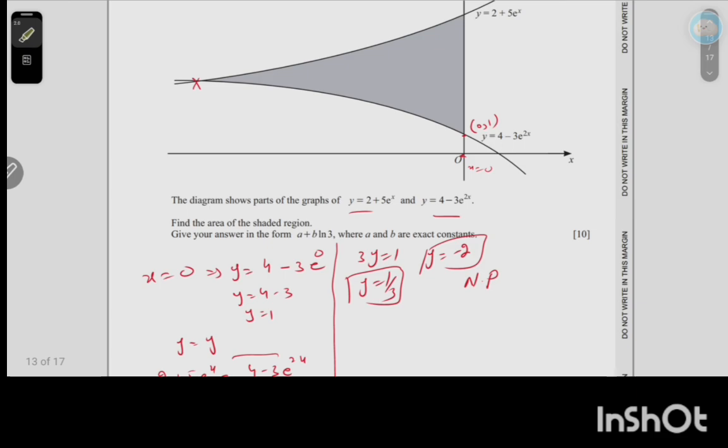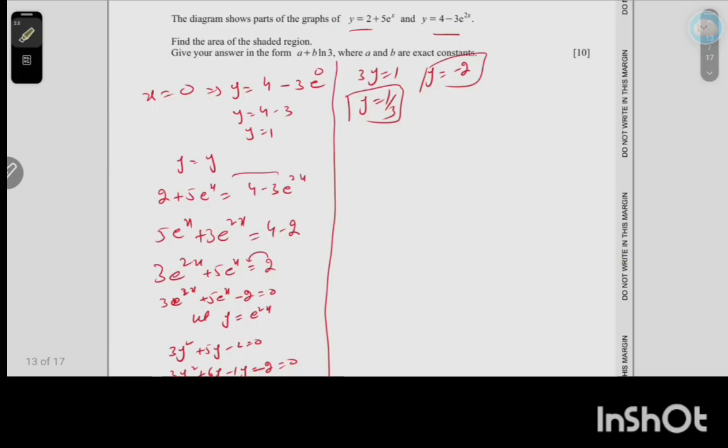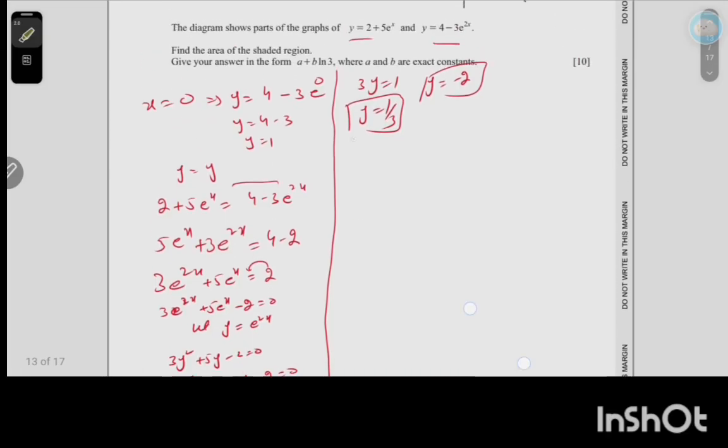Because e power x cannot be negative. Next, y is e power x, so e power x equals 1 by 3.